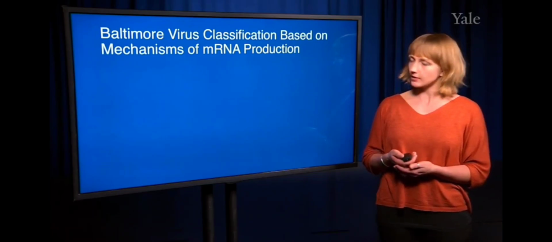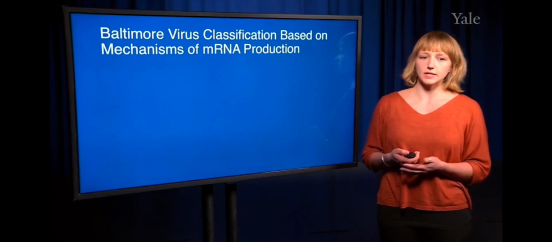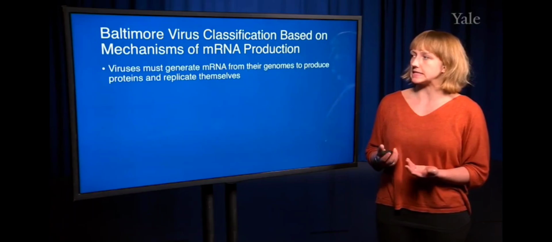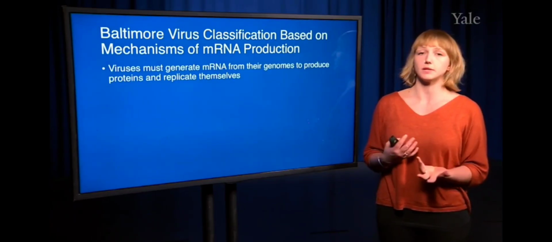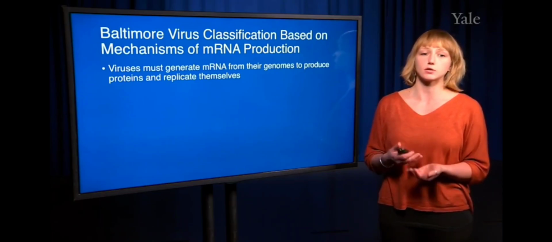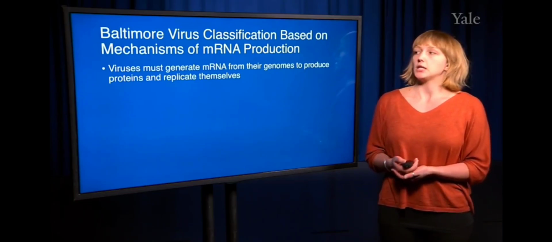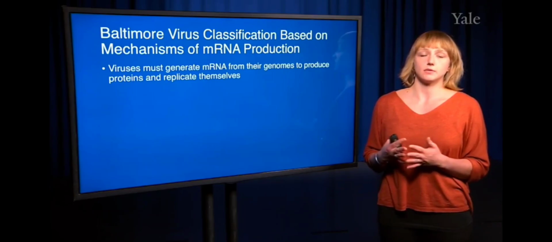So this is really important because viruses need to generate mRNA from their genomes in order to produce proteins of their own origin and to replicate themselves. Now, these different viruses, as you will see, produce mRNA by different means.